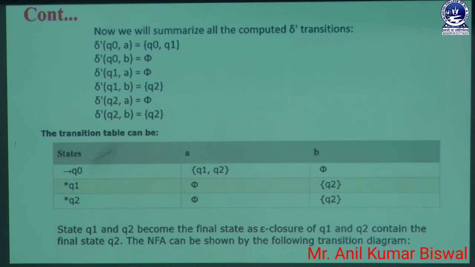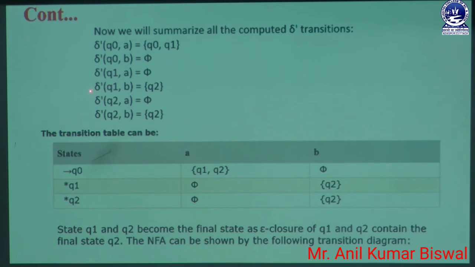Next we will summarize all the computed transition dash, or transition inverse, sections. Finally, the transition inverse of Q0 on A gives the state Q0 Q1. Similarly, the transition inverse of Q0 on B creates a state named phi. The transition inverse of Q1 on input symbol A gives a phi state.